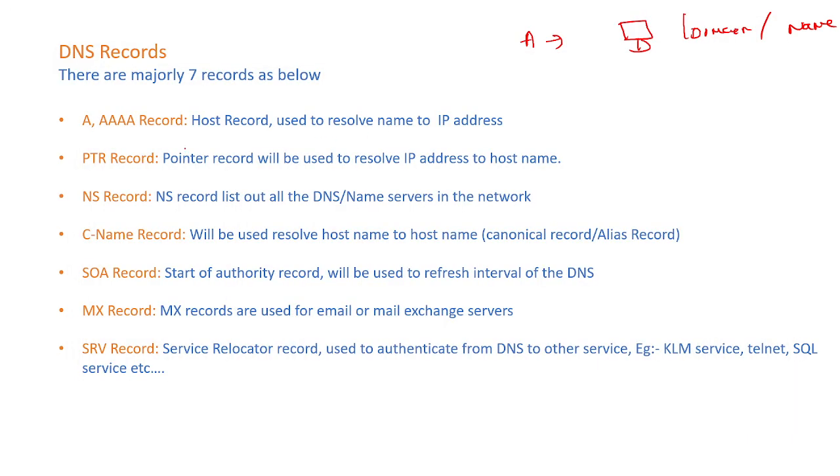A record means it is the standard computer name for IPv4. Some people will call it triple A record or double A record also, but you call it triple A. In some notes it is double A, but you remember it as triple A record. So triple A record means it is for IPv6.